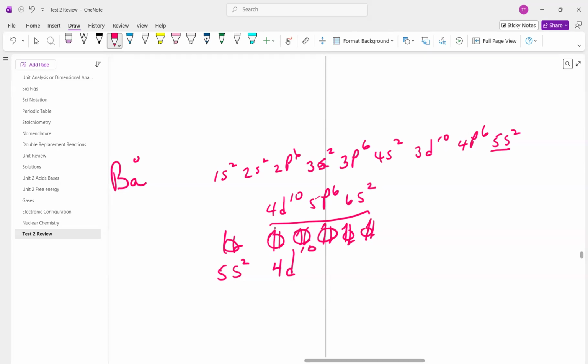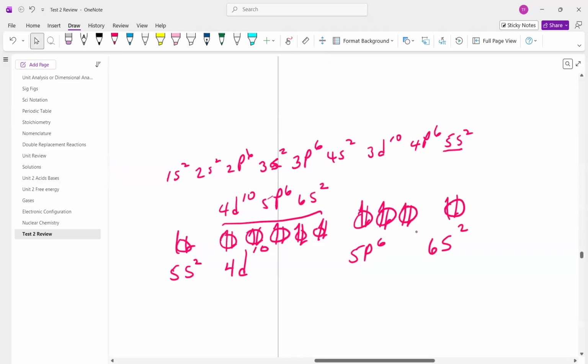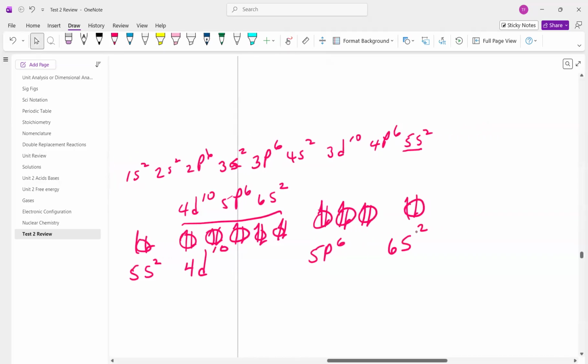And then we need 5p6. And then we have 6s2. And we have 5Ds, but they're empty orbitals.